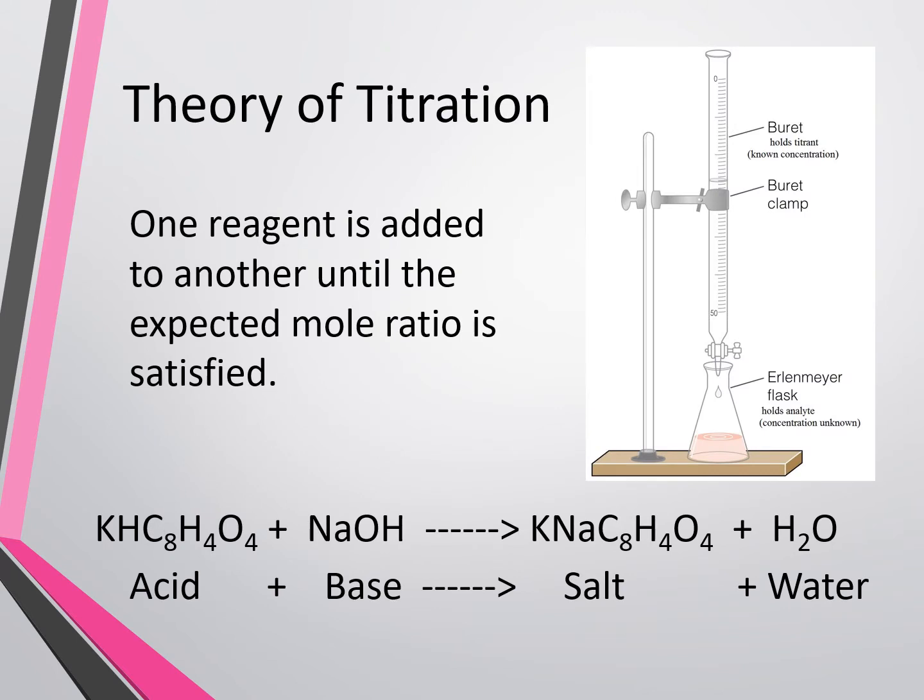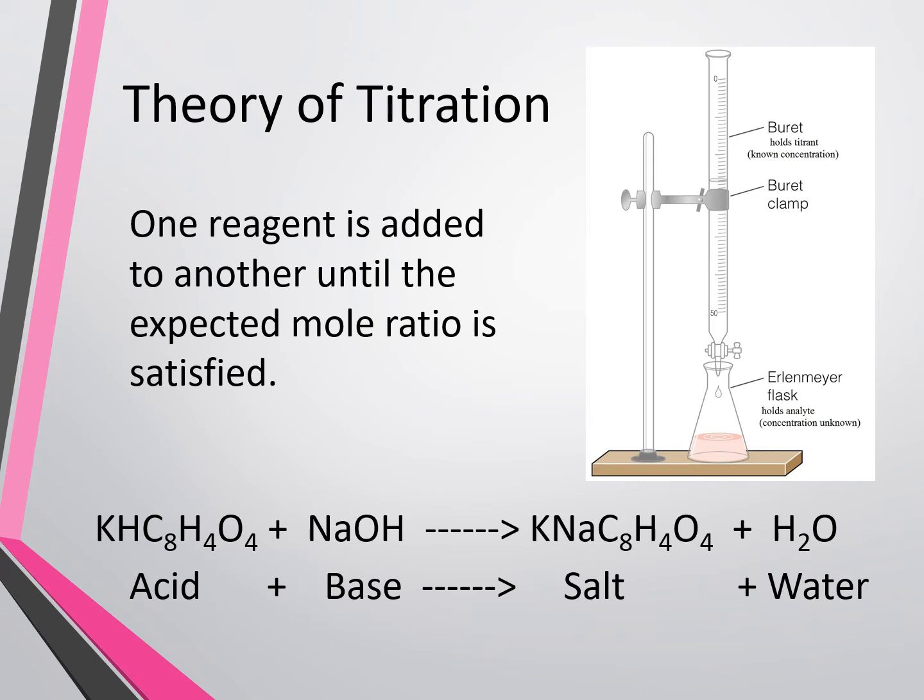So the whole idea about titration is that you add one reagent to the other until the mole ratio is satisfied, and then that allows you to figure out the concentration of the unknown solution. So you add an acid and a base, and you end with a salt and water. So our acid in this lab is that potassium hydrogen phthalate, and our base in this instance is sodium hydroxide.